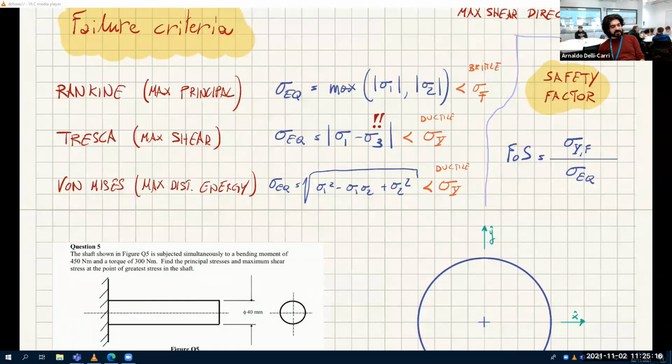If the factor of safety is 2, that means sigma yield is twice as much as sigma equivalent. So you are using 50% of the stress budget of the structure, and the structure is safe. That means you can load it up twice as much until it fails.